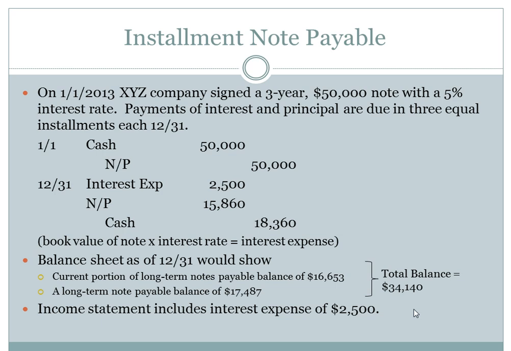The key really is to understand that you will need to be determining or computing what our cash payment is going to be. And that's a function of the present value of the note, the interest rate, the term, and how many payments we are going to be making.